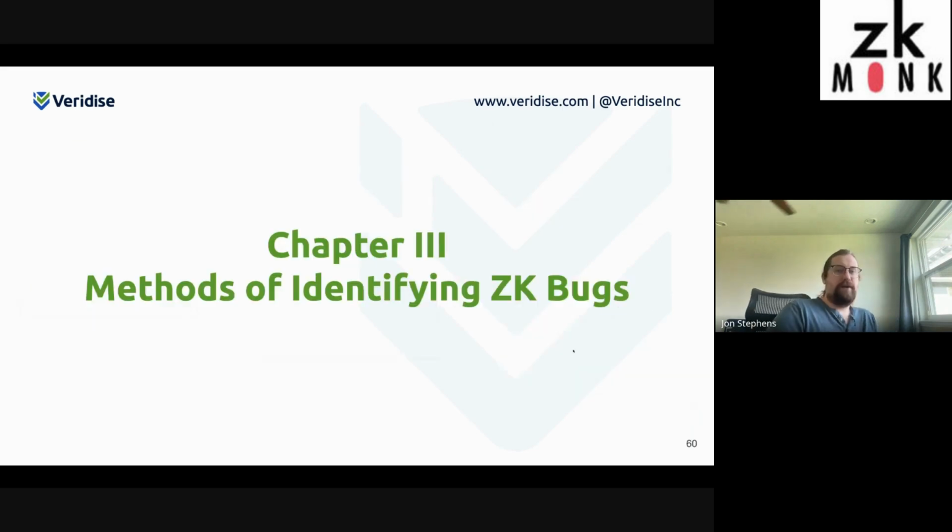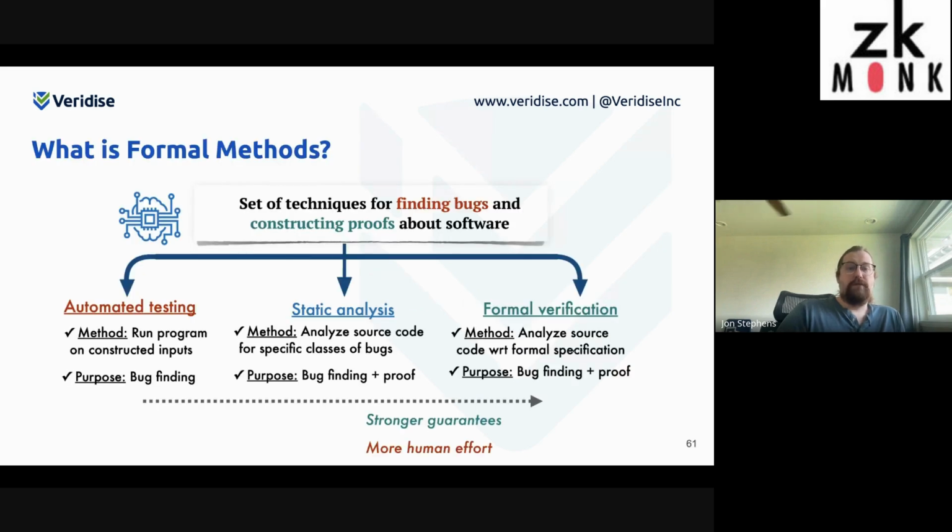Okay, the last chapter is very similar to the chapter that we looked at yesterday about how you identify bugs. So I'm just going to go through this very quickly, because you have already seen how people can find bugs using different types of tools. Many of the tools we're going to look at are from a particular area of computer science called formal methods, which encompasses ways of reasoning about code.